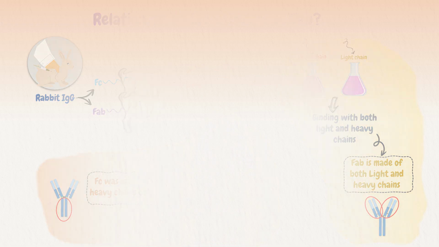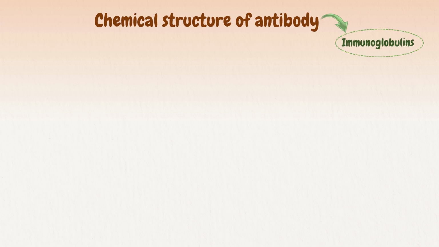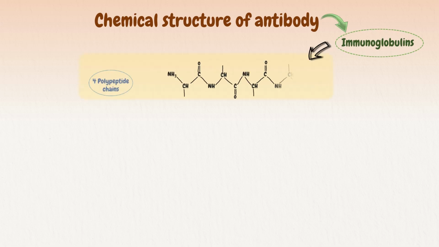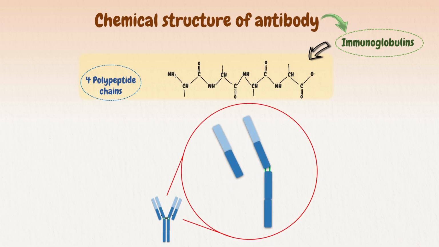Now, the question arises, what chemical structure makes this possible? Well, we know antibodies are immunoglobulins. That means they are made up of polypeptide chains. So antibodies are made up of 4 polypeptide chains. Careful protein chemistry demonstrated that both light and heavy chains have 2 termini.